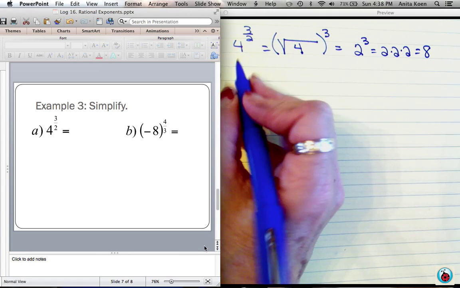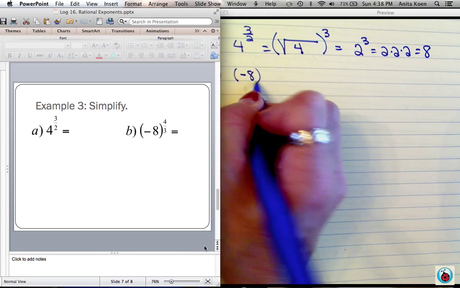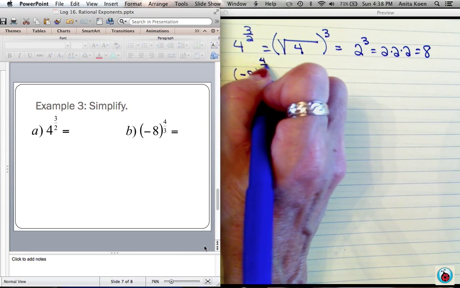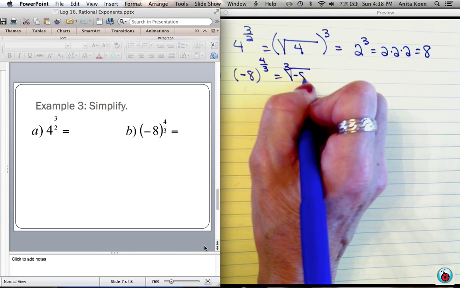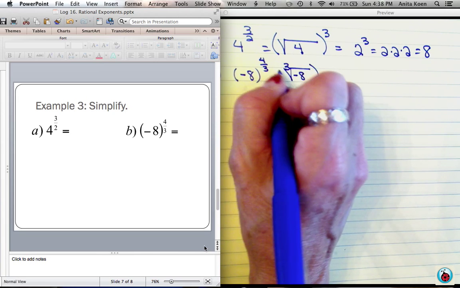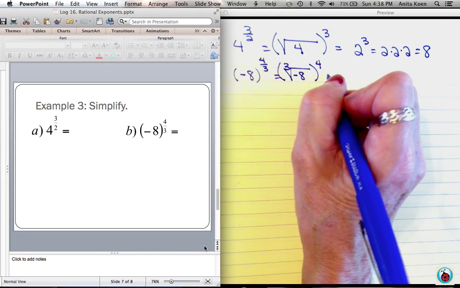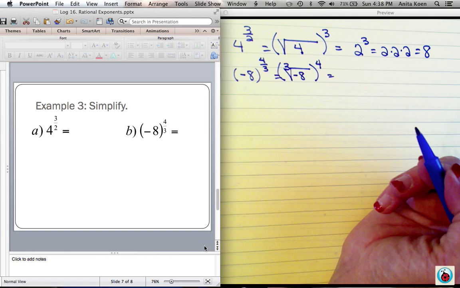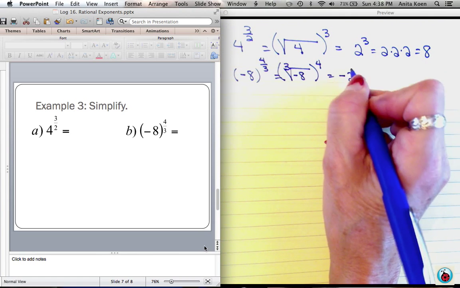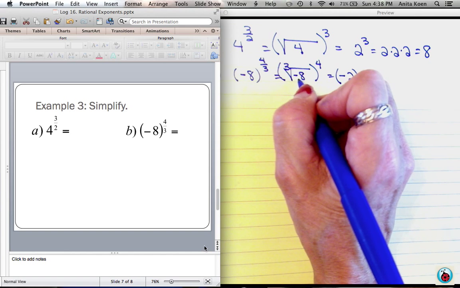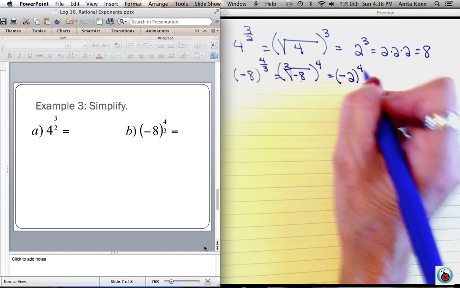Now let's look at letter B. Negative 8 to the 4/3 power. Well, this is the cube root of negative 8, and I'm going to raise that then to the 4th power. I know what the cube root of negative 8 is because that's one of my perfect cubes. That would be negative 2. And now I'm going to raise negative 2 to the 4th power.